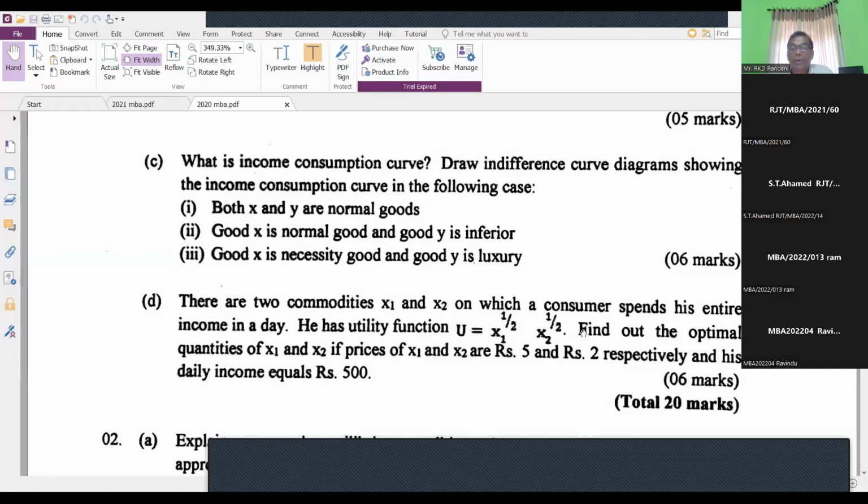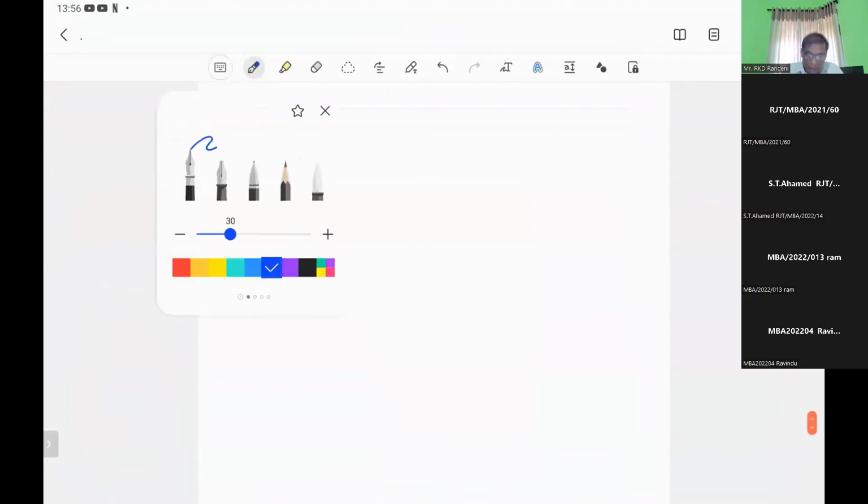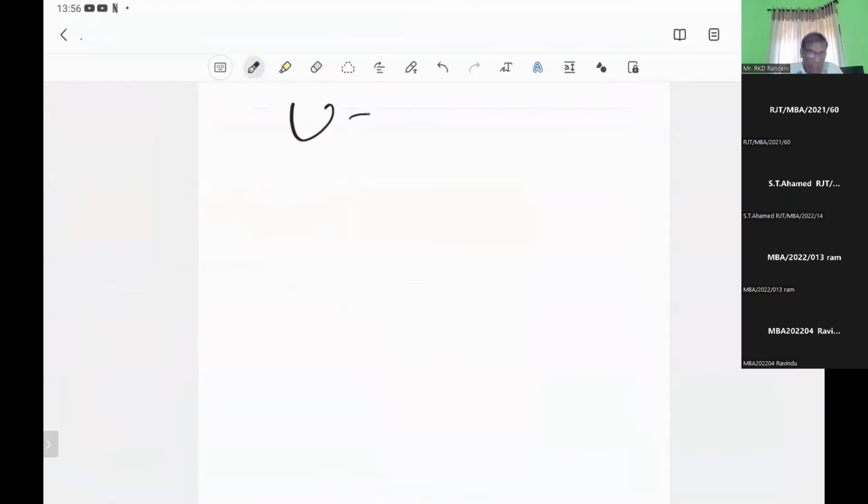Then you have to find out the optimal quantities of X1 and X2, for 6 marks. Now the utility function U equals X1 to the power half, X2 to the power half.